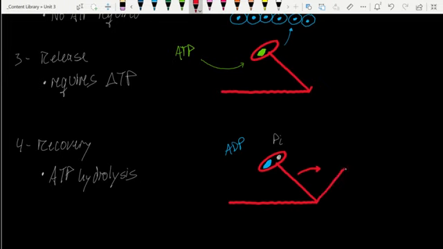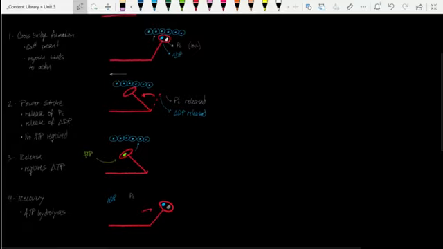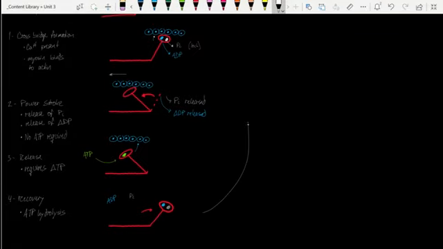And we can now move it back to the cocked position, where inside we've got our ADP and our inorganic phosphate. And now what I hope you can recognize, if we zoom out, we are right back where we started from, ready for another round.